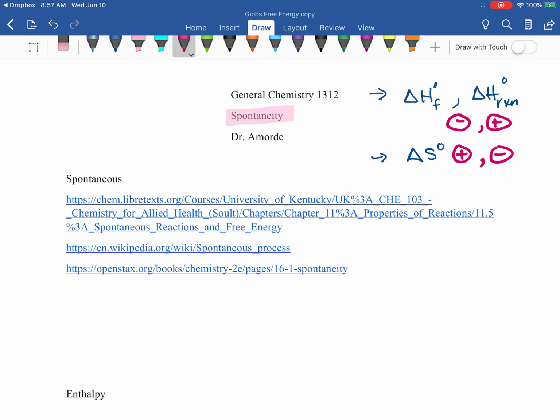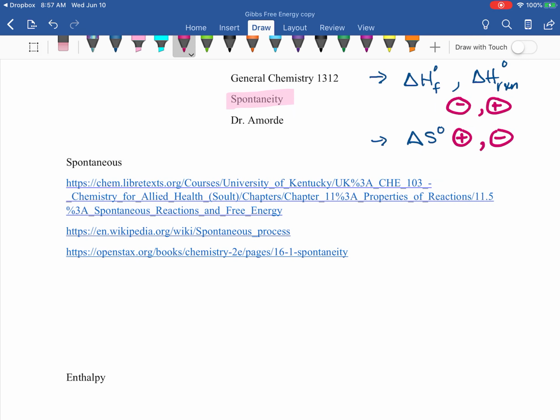So we have learned two different terms now when it comes to chemical processes and chemical reactions. Let's learn the third term, which I think is probably one of the most important concepts we're going to learn. And that is really just a simple question: is a reaction going to happen?